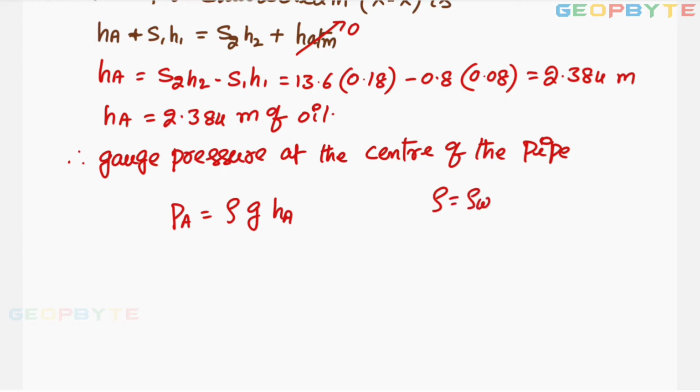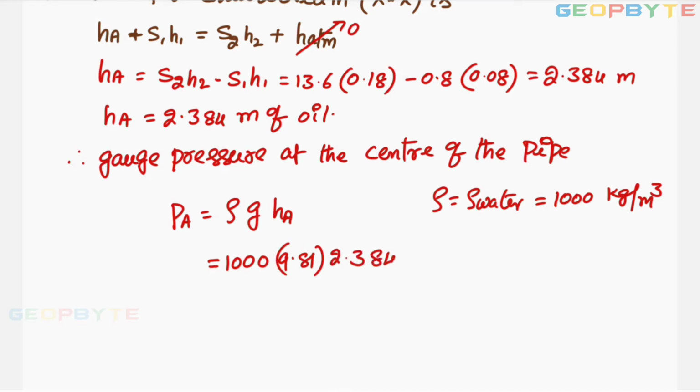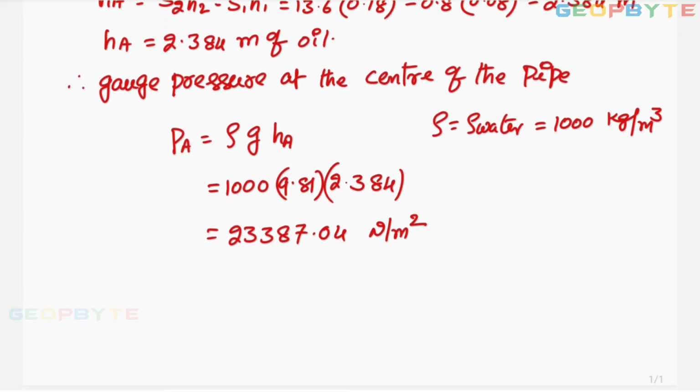Rho equal to density of the water, equal to 1000 kg per meter cube. It is equal to 1000 into 9.81 into HA equal to 2.384. Simplify this value for getting 23387.04 Newton per meter square. That is the gauge pressure.